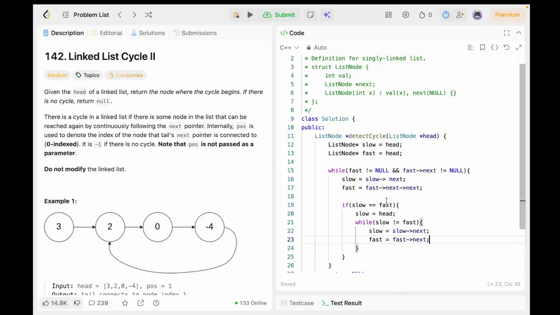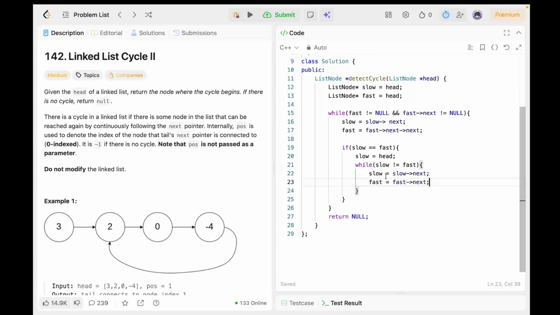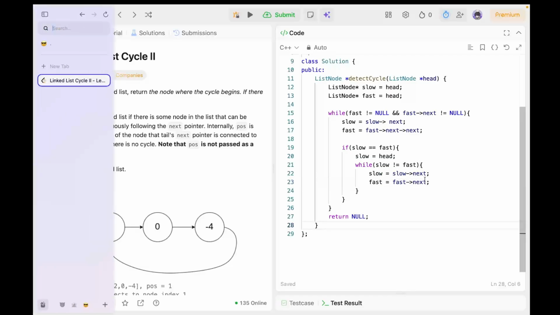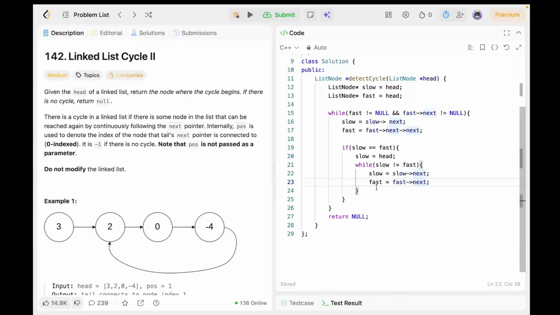Fast will be like, okay. So if my slow and fast are meeting at some node again, it means it's the starting node. So you can simply return slow or fast, it is up to you. I'm returning fast, but you can return slow.